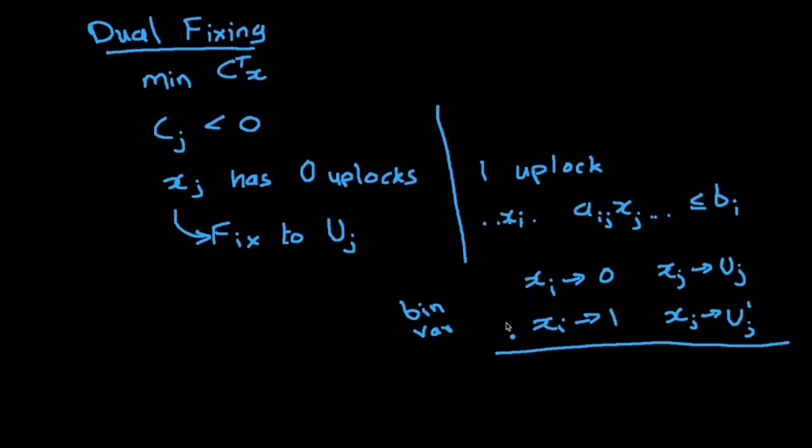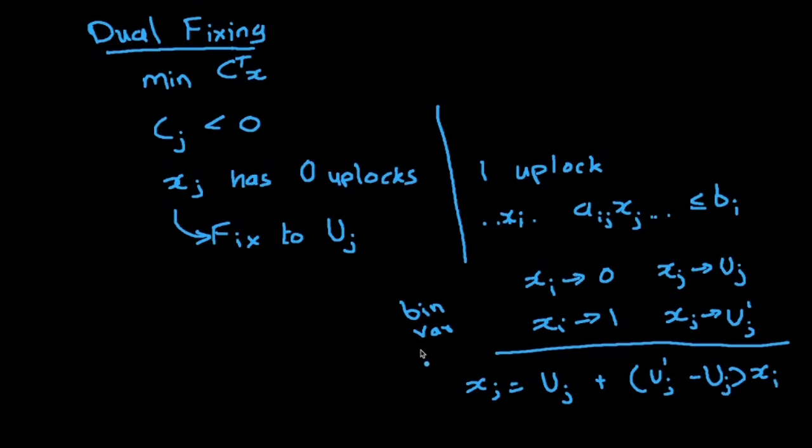Since we picked a binary variable, there are only two cases, and we can actually replace xj in terms of xi, something like this. So when xi equals 0, xj will take the value uj, and when xi equals 1, this uj will cancel out and xj will take the value u prime j.